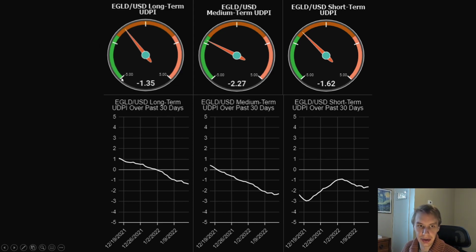But certainly there's realistic long-term downside potential that's possible. And so this might just suggest that Elrond might need more time to consolidate potentially before it's ready to really explode to the upside, even if it can realize some more medium-term upside or some more short-term upside. So just something to keep in mind. But again, not financial advice. You should make your own decisions about how to navigate the EGLD market.